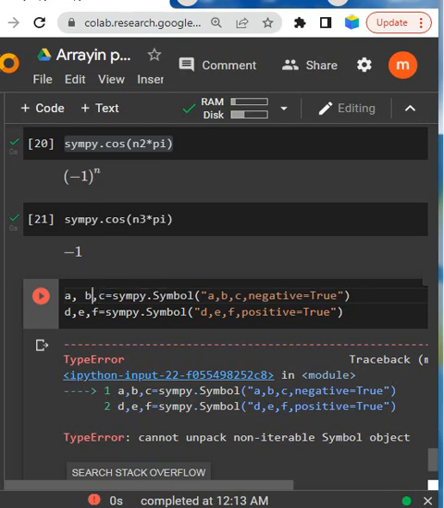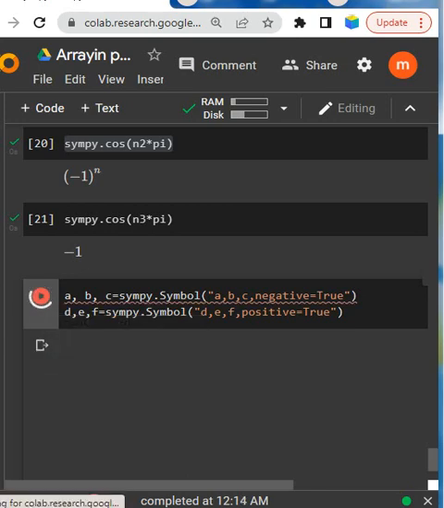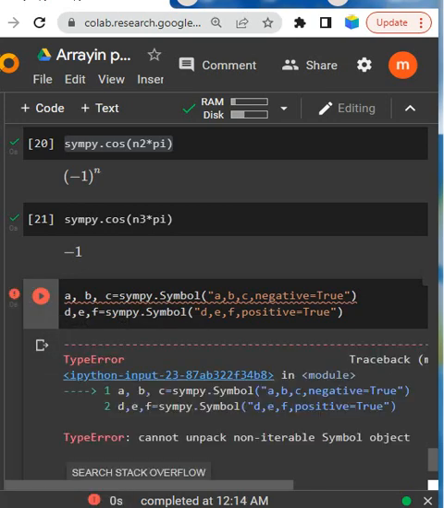Otherwise you can see it like this, A comma B comma C, and it has been symbolic.